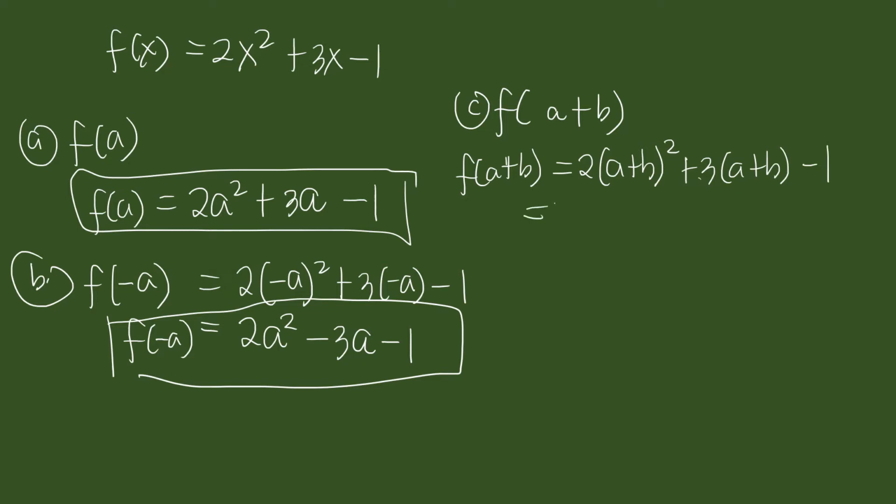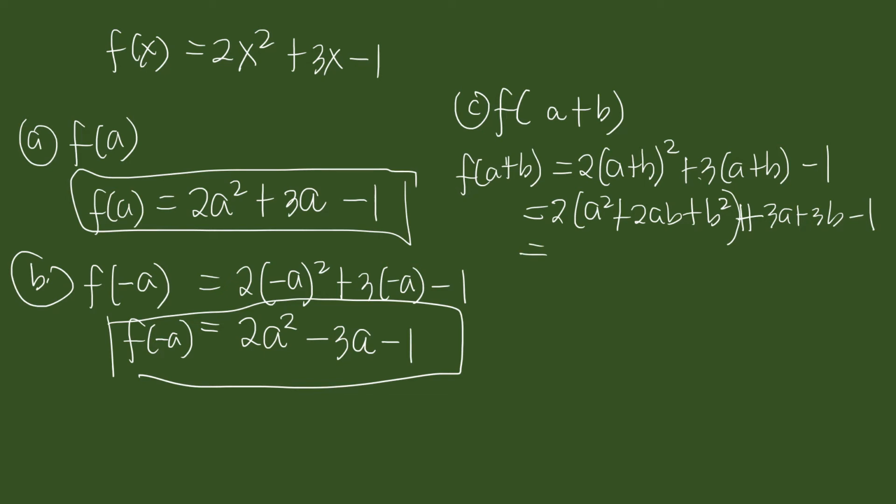So we expound that. That is 2 times a squared, this is the square of a binomial, plus twice the first and the second, plus, of course, the square of the second term, plus, of course, a close parenthesis. So plus, we distribute 3a plus 3b minus 1.